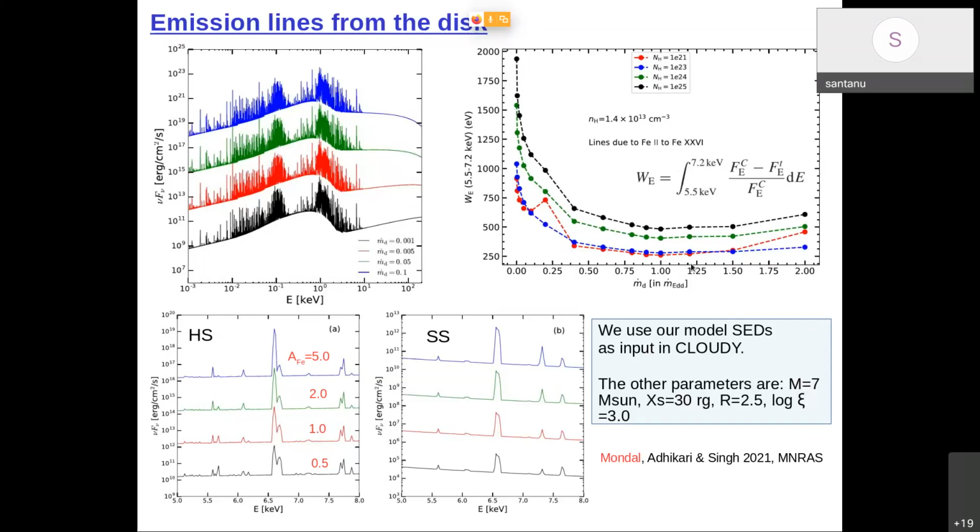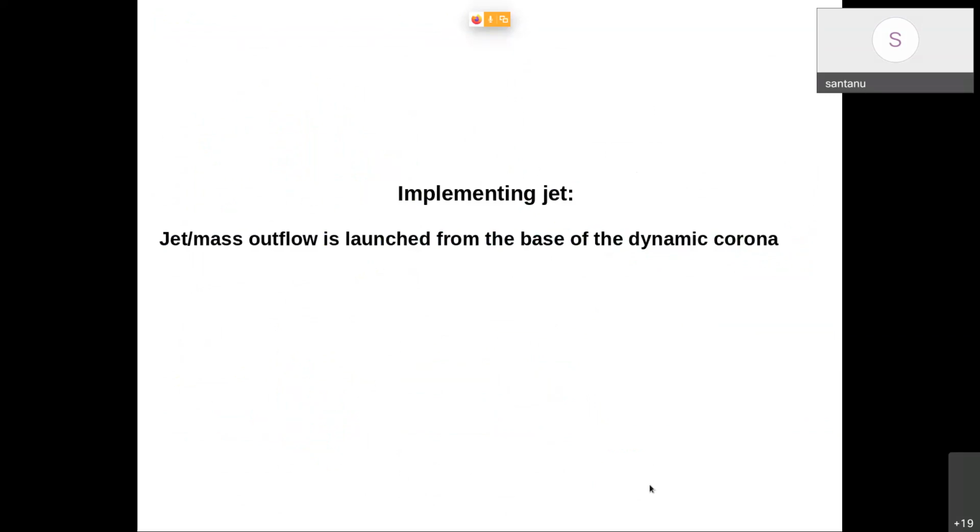And we can see that increasing accretion rate decreases the width of the line, and this is consistent with many observations for different black holes studied so far. Now we will show how the spectral shape and other things will change if we include a jet in the model.